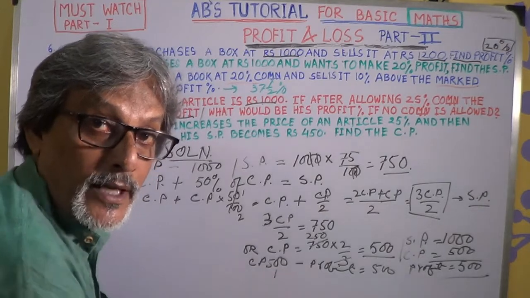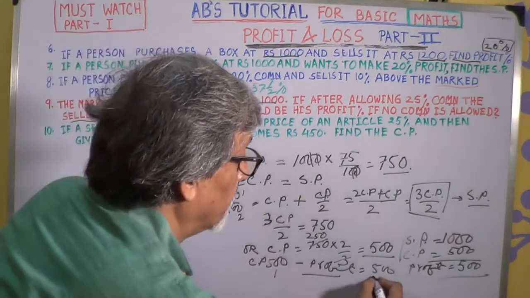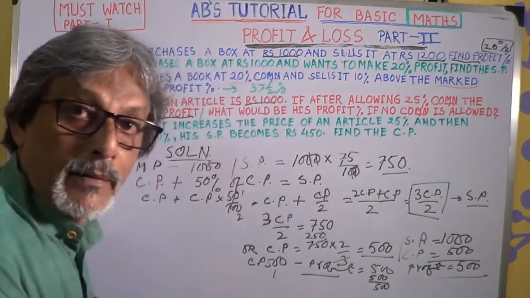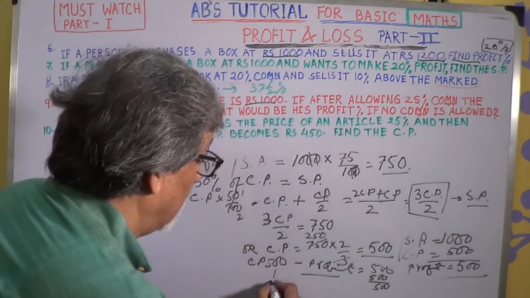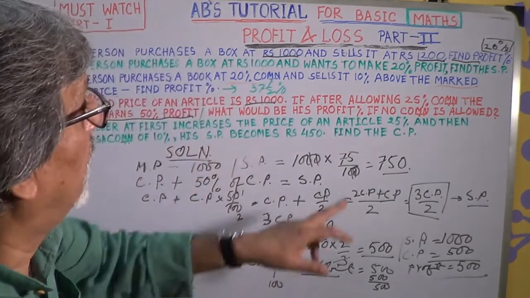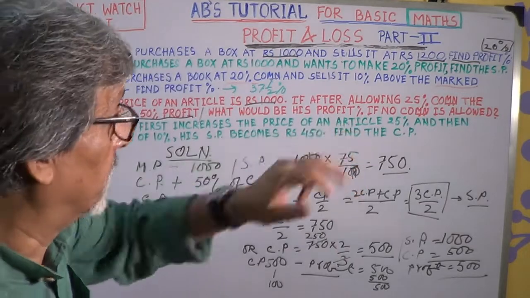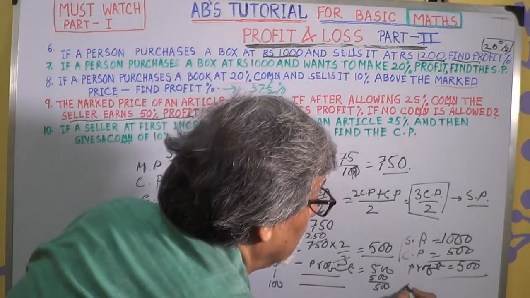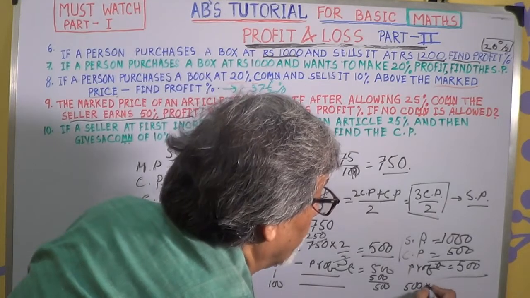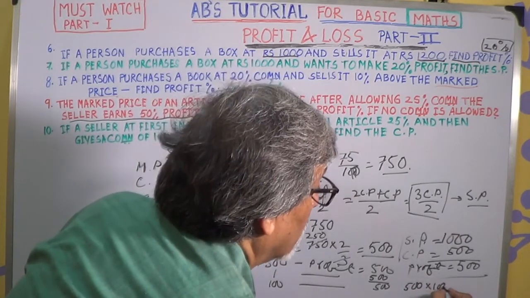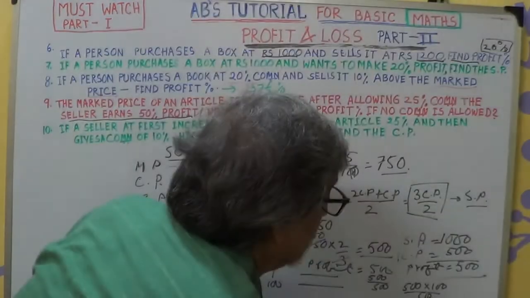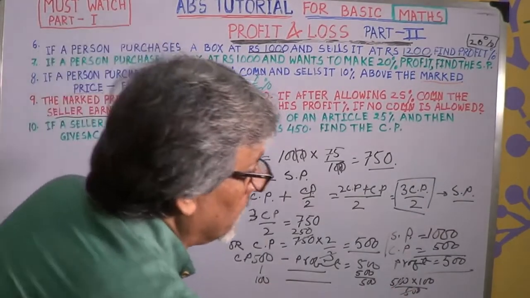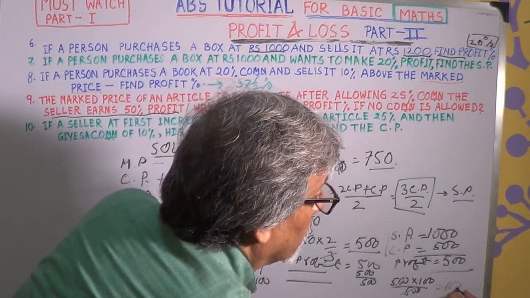If it is 1, this becomes 500 by 500. And as they have asked me profit percent, we will write out of 100 what is he earning. His profit earning is 500 into 100 by 500. So 500 cancels and this gives us 100.